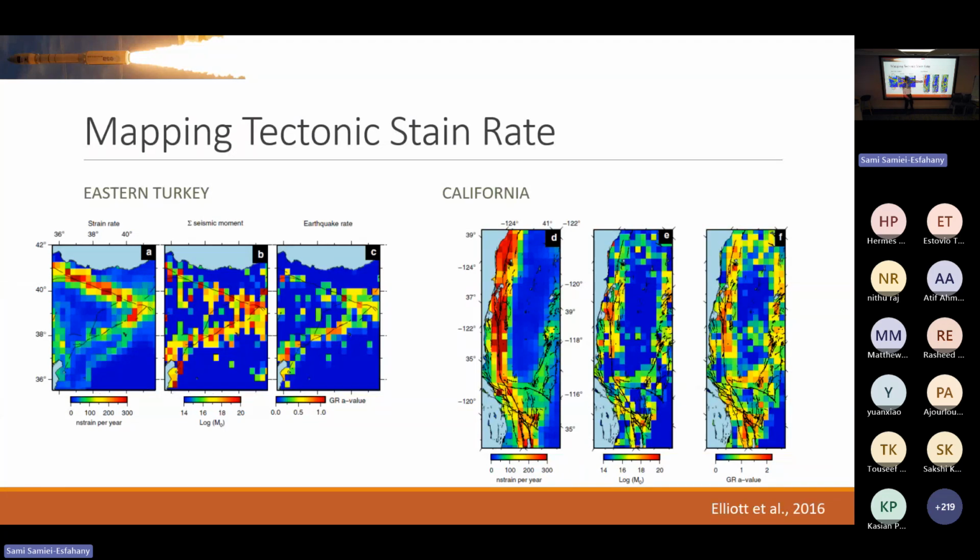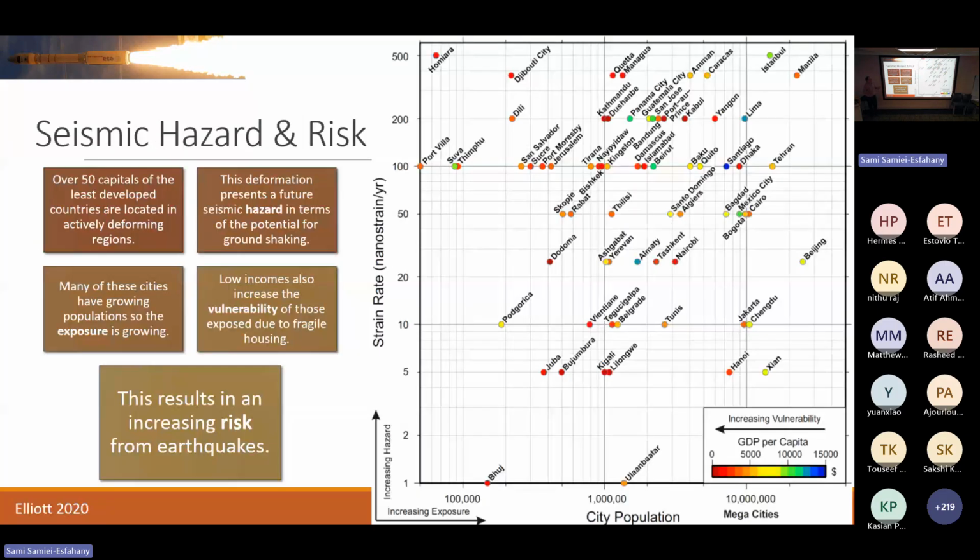Same in California, areas in blue not building up tend to not have many earthquakes, whereas those that are, San Andreas, for instance, building up have more. And we want to do this for societal reasons, not just the science of doing it, and that's the seismic hazard, the potential for shaking, and the risk, the potential for causing disasters because populations are exposed to it.